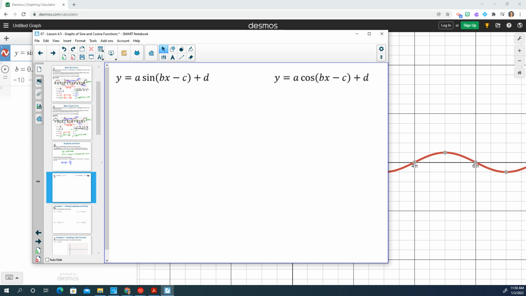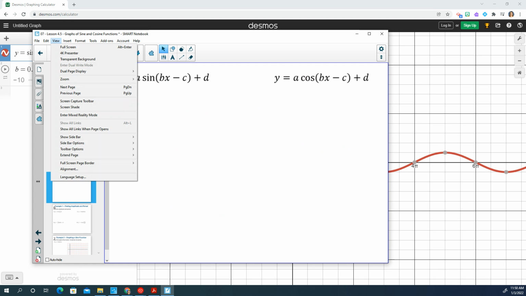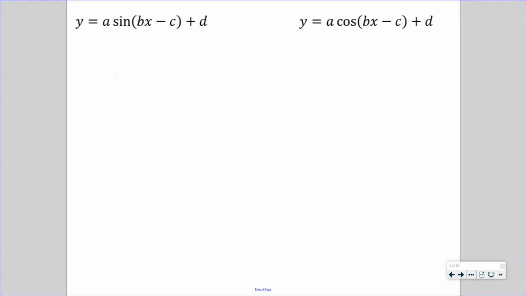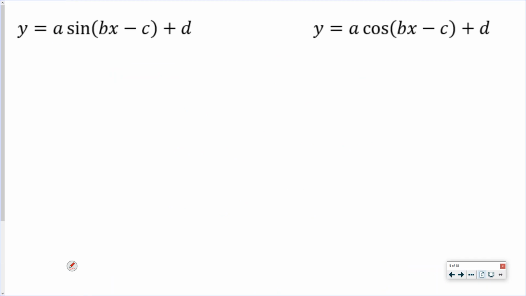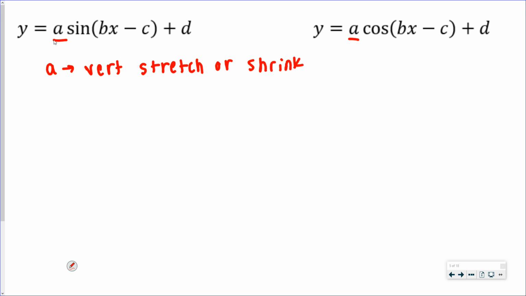Let's write down what we already know. A is our amplitude, but what it really is, it's a vertical stretch or shrink. So I know that the absolute value of that is the amplitude.